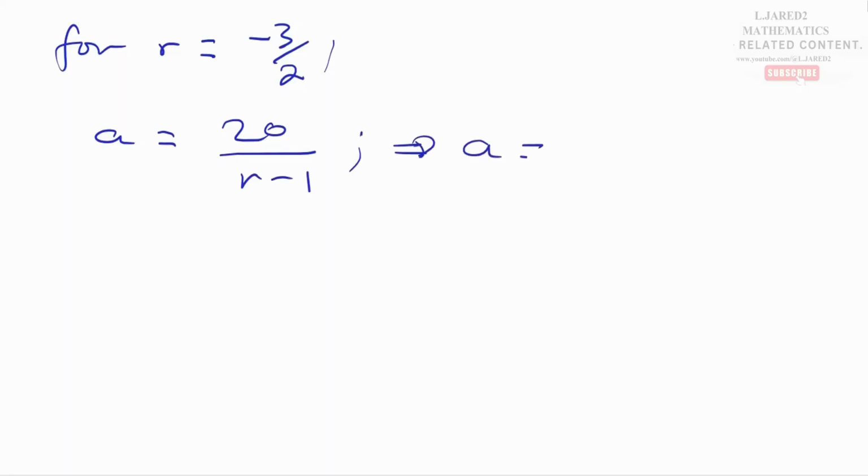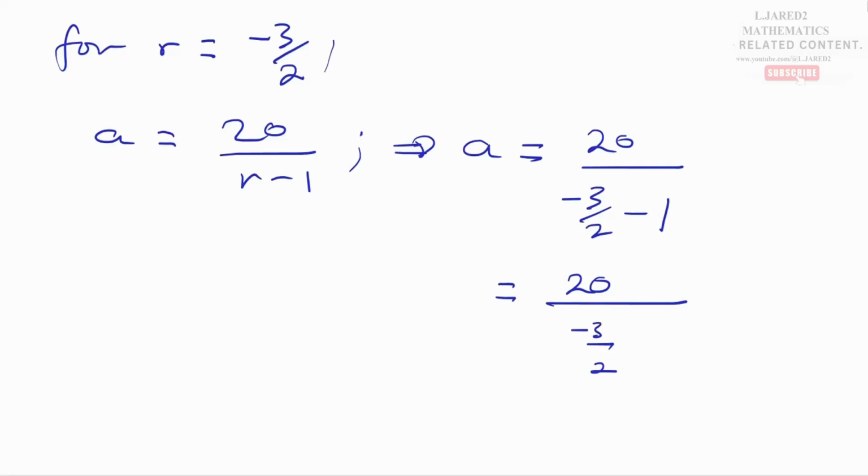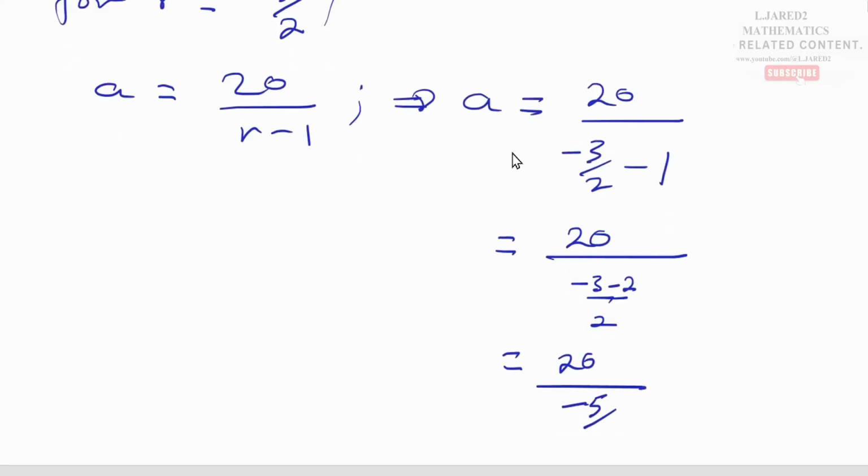Still, for R equals negative 3 over 2, we are using the equation that A is equal to 20 divided by R minus 1. So it implies that our A for this case is going to be equal to 20 divided by negative 3 over 2 minus 1. So this gives me 20 divided by, the LCM is 2, negative 3 minus 2, which is equal to 20 divided by negative 5 over 2.